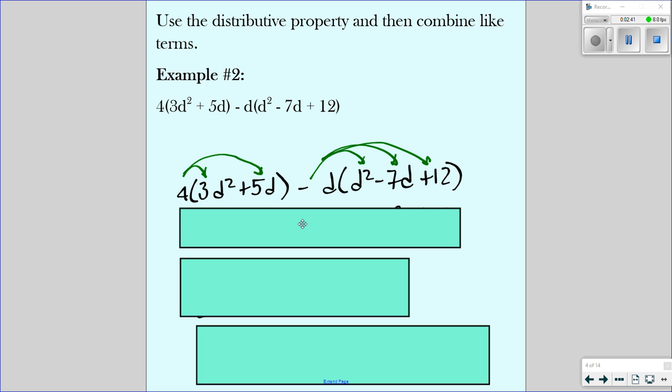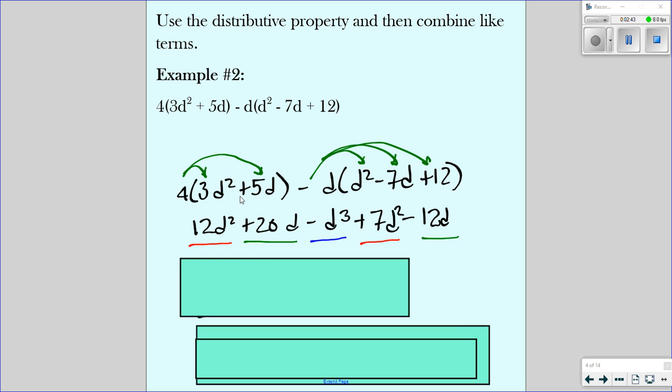So once I do that, I get my answer for the second step. And realize whatever sign is in front of the variable or number, it's attached to it.